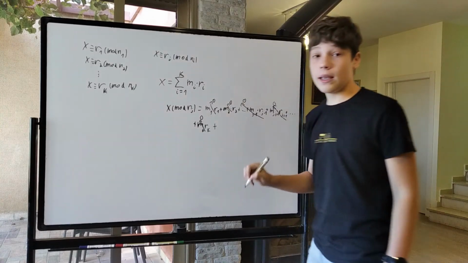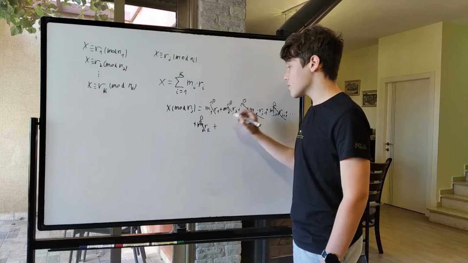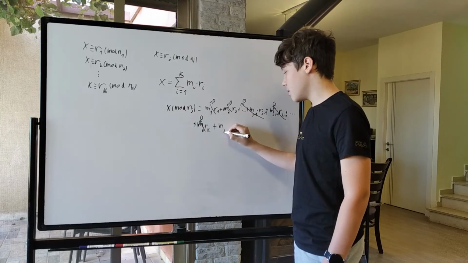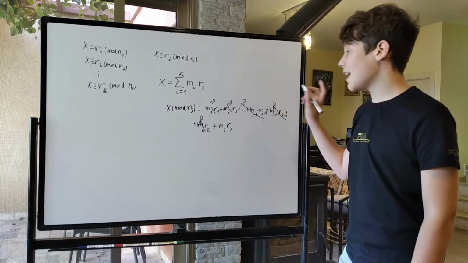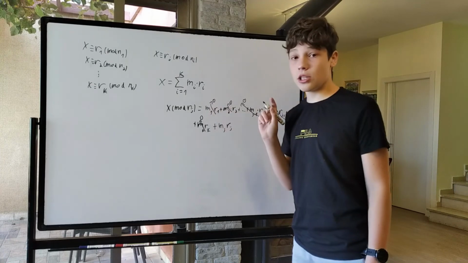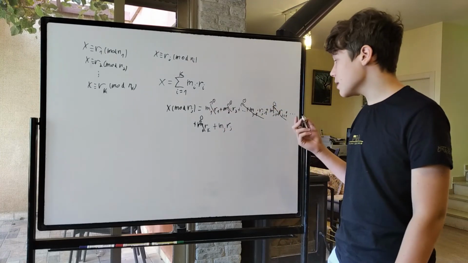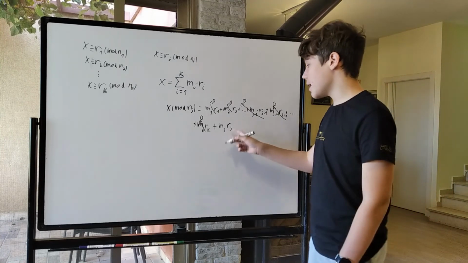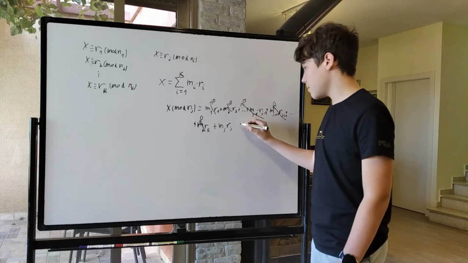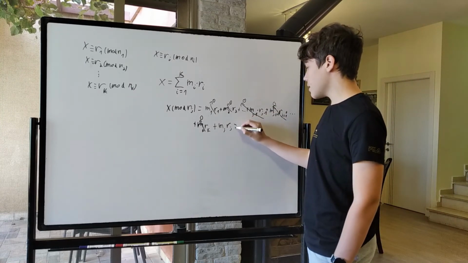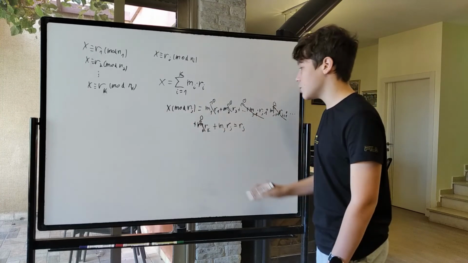But then we have another term, which is the j term: mj times rj. We know mj is congruent to 1 mod nj, and by rules of modular arithmetic, mj times rj will be congruent to rj mod nj.